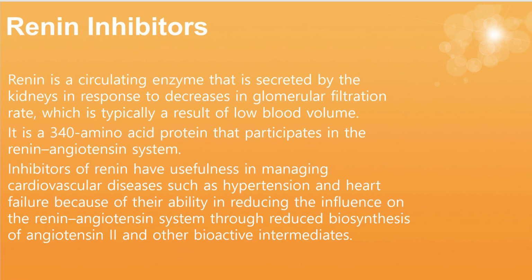It is a 340 amino acid protein that participates in the RAS. Inhibitors of renin have usefulness in managing cardiovascular diseases such as hypertension and heart failure because of their ability to reduce the influence on the renin angiotensin system through reduced biosynthesis of angiotensin 2 or other bioactive intermediates.